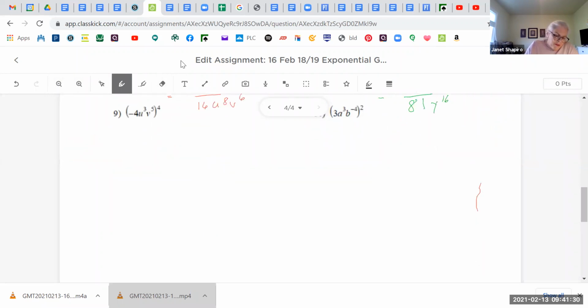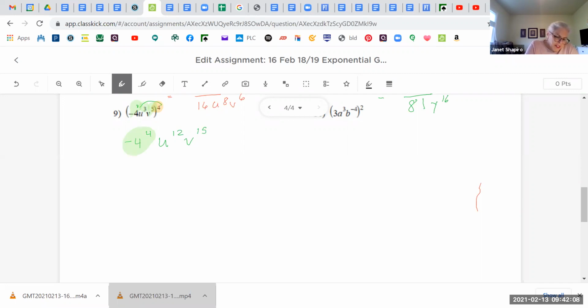And then my last problems. I have, when I simplify this, I have -4 to the 4th, u to the 12th, v to the 15th. Again, I just multiplied this power times the powers here. All right. My exponents are all positive, so my answers all stay in the numerator. What I need to figure out is this.